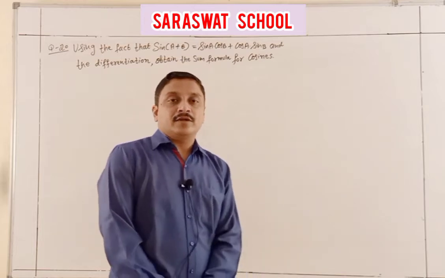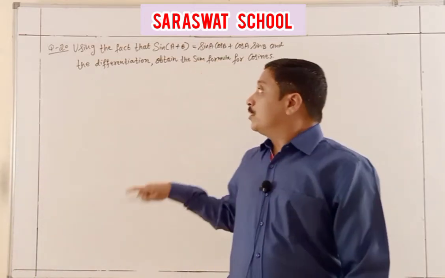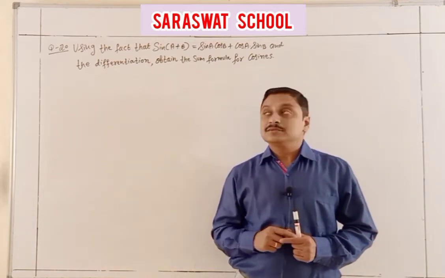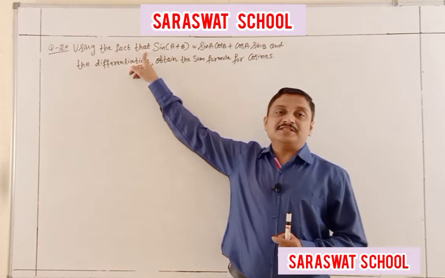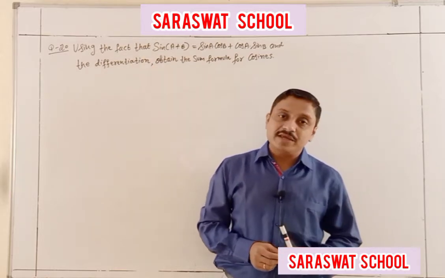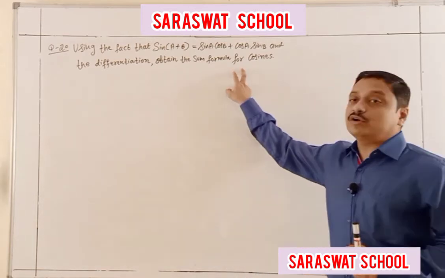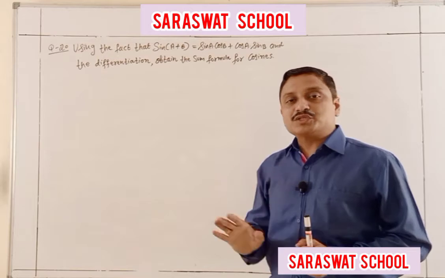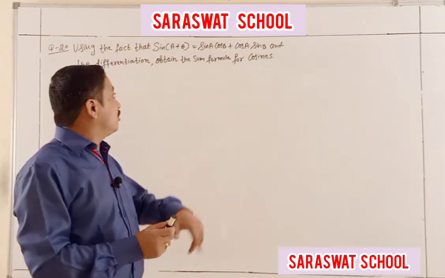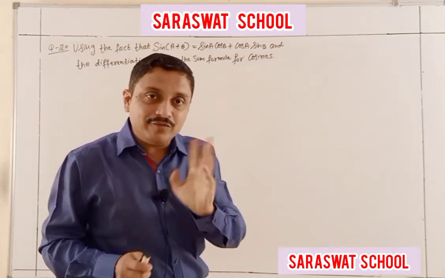Now students, one more interesting question is coming. Derive the formula using the fact that sin(A plus B) is equal to sin A cos B plus cos A sin B, and using differentiation, derive the formula for cosine. Means, students, you derive the cos(A plus B) formula: utilize this fact and apply the derivative.